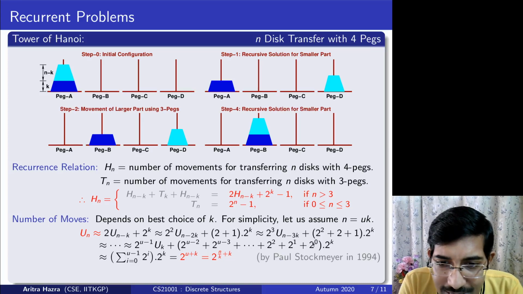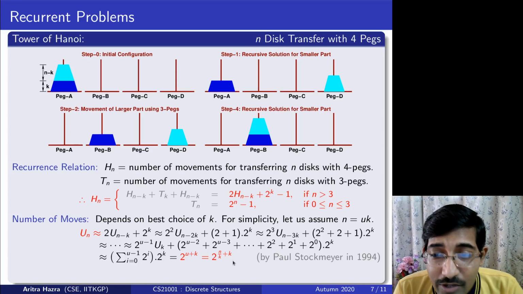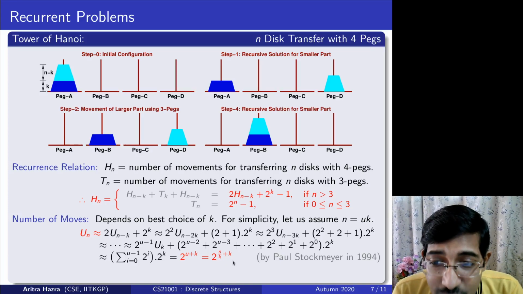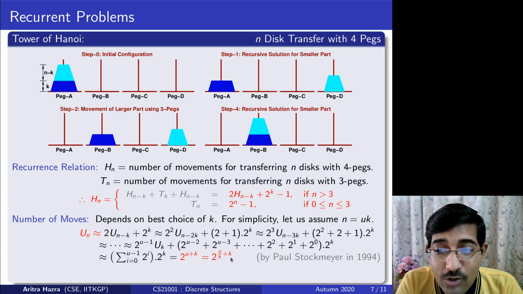So all this inside it is a sum of these numbers. Finally you will get 2 to the power u plus k, which is equal to 2 to the power n by k plus k, because u is n by k. This approximation of the whole result and best choice of k was devised after a long time by Paul Scottmeyer.